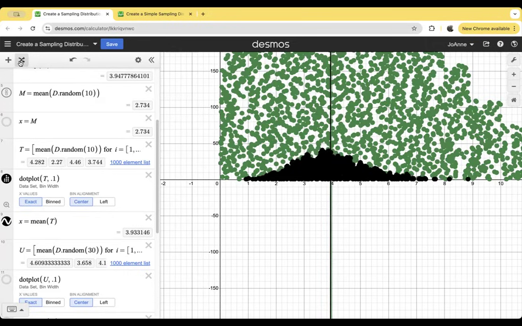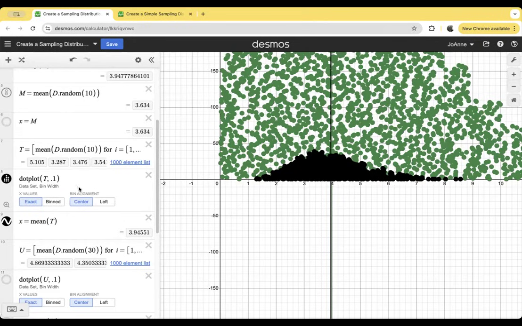There are different values, but they're generally in the same place. And also, if I keep doing this, you'll see the mean of that sampling distribution change too, 3.878. And then the next time I do this, 3.9455. So the sampling distribution mean is changing each time. And okay, just a second.